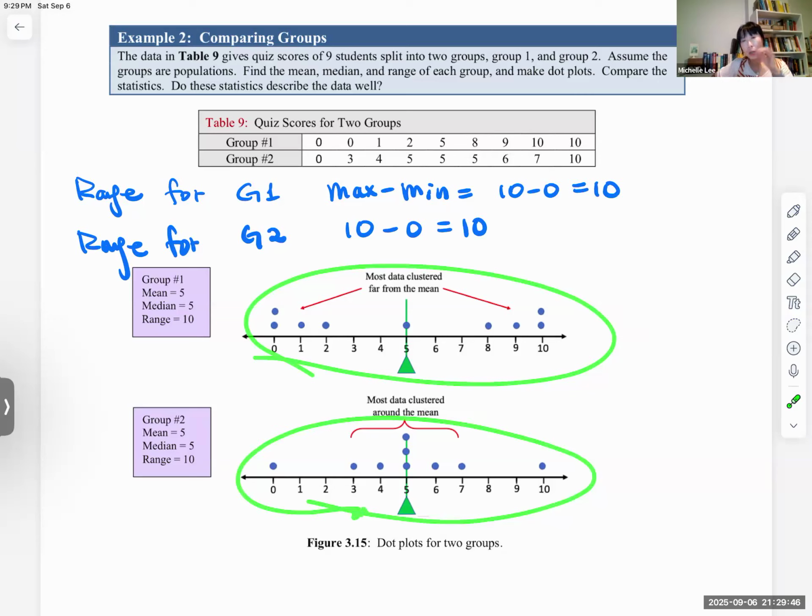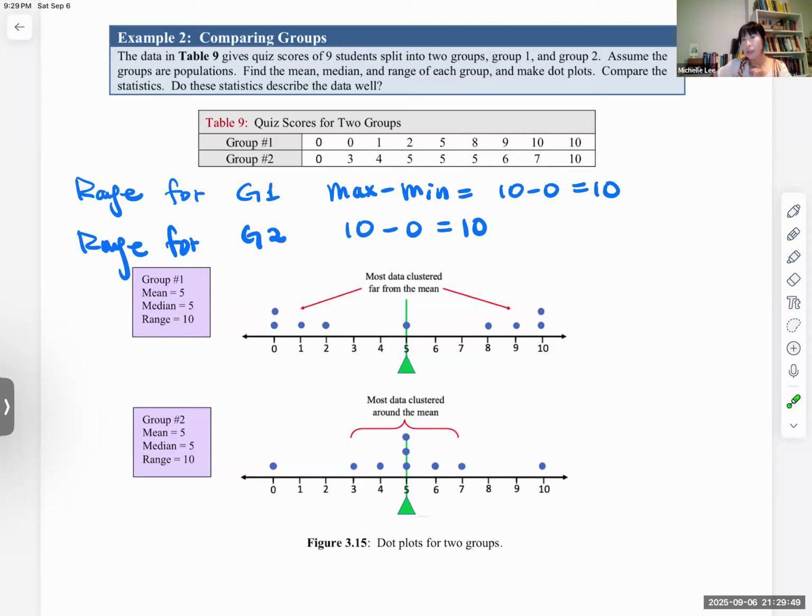But looking at the individual data sets, we can say this one is widely spread out, right? And this is also the mean. But in that other case, they are gathering in the center, right?